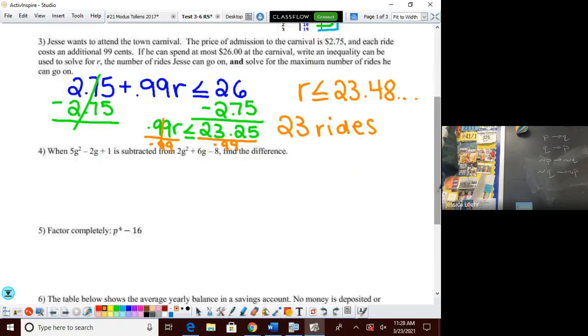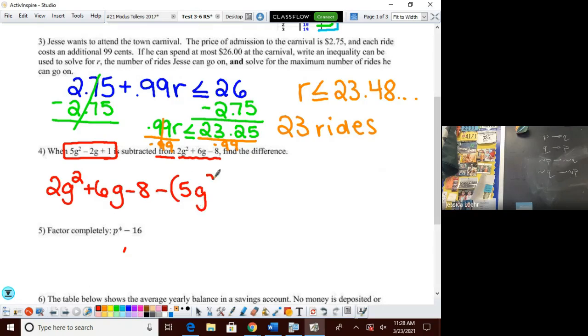Okay. Next one, it says when 5g squared minus 2g plus 1 is subtracted from 2g squared plus 6g minus 8, find the difference. You're subtracting this from this, so the second thing comes first. 2g squared plus 6g minus 8, then you're subtracting 5g squared minus 2g plus 1.